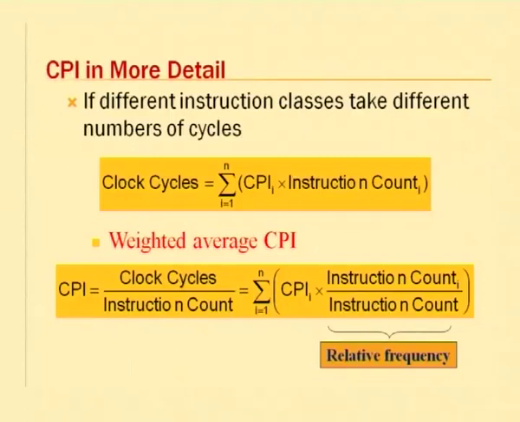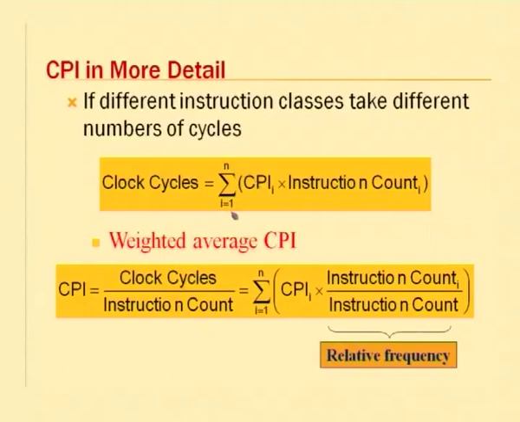Okay. So, if different instruction classes take different number of clock cycles, then the clock cycles will be given by sum of I equals 1 to n, CPI of class I into instruction count I. That is, let me assume I have n different classes of instructions, 1 to n.